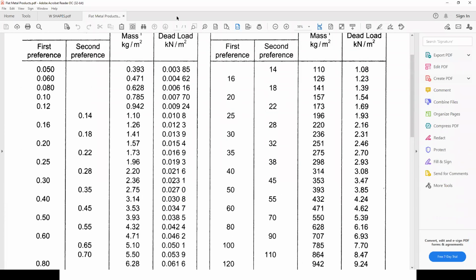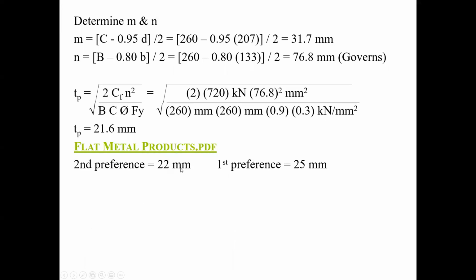So you can specify a 22 millimeter because you need 21.6, but that would be like your second preference, and ultimately your first preference. So you put on your drawing 22, and then you tell the guy, you know, you can put down a 21. So that's up to you. You're the one that specifies what you want. Okay. And therefore we end up with your second preference is 22, your first preference is 25.